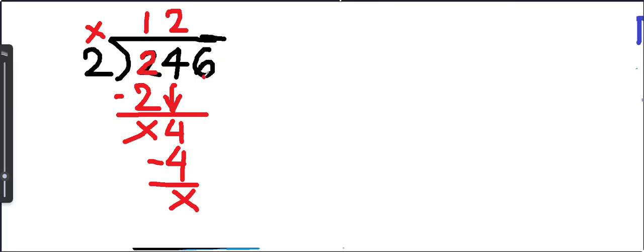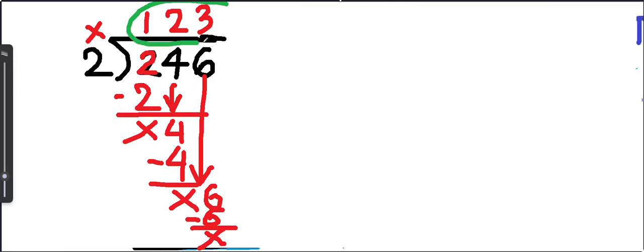I'm done. Well, now comes down this 6. Is 6 greater than this black 2? Oh yes, that means we can proceed with the sum. So 2 times 3 is equal to 6. We do the subtraction and thereby we are not left with any remainder and our final answer is 123.